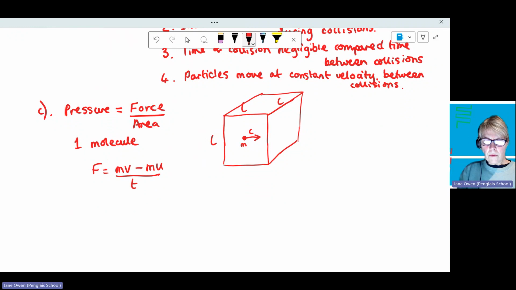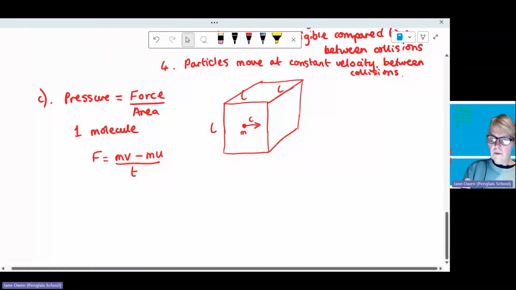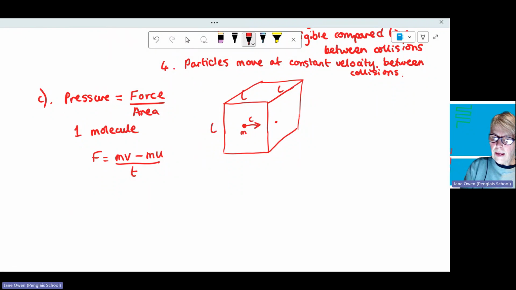We know that when it hits the wall, say here, it keeps going until it hits the wall, and then it comes back on itself with minus c.